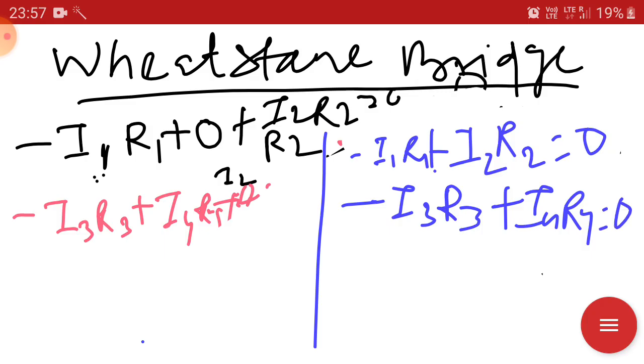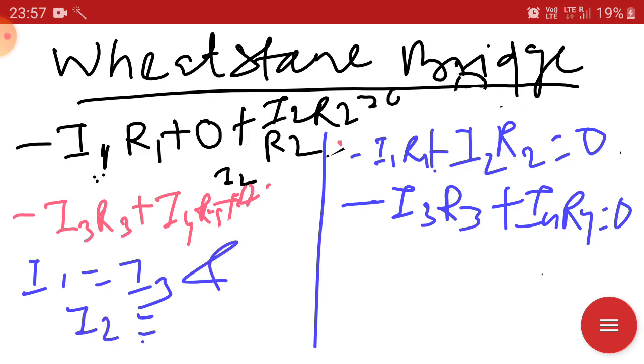And we also got this relationship, that I1 is equal to I3, and I2 is equal to I4. Now we'll replace I3 and I4 here.